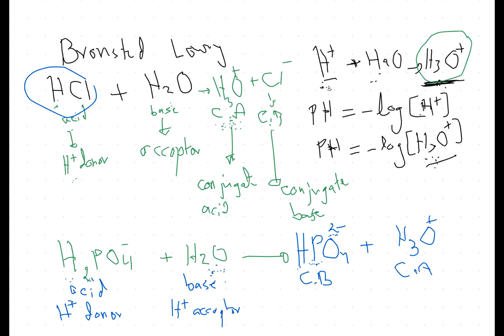And that one is the conjugate base, because it donates H plus to the base, not to the acid. Did you understand it? I will give the third one, and I want you now to work on it.